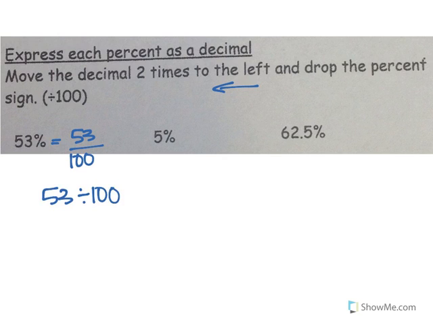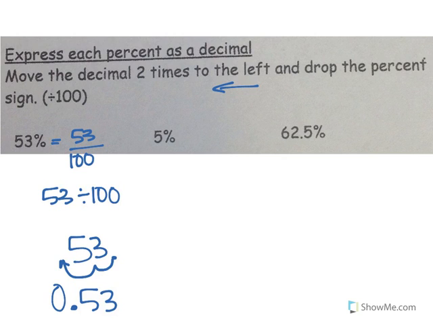Well, when you divide anything by 100, you just take the hidden decimal that's sitting at the end of the number. So there was a little decimal hiding at the end of 53, and you move it to the left 2 times. So now our decimal is 53 hundredths.